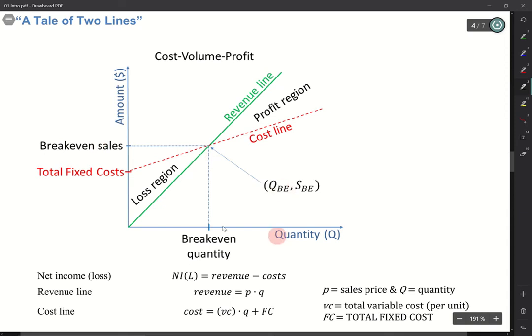The x coordinate would be the break-even quantity, and the y coordinate would be sales BE, but sales BE is just the price times Q BE. Okay, because why? Because it's on the revenue line, and any point on the revenue line is P times Q, and so let's just do that.